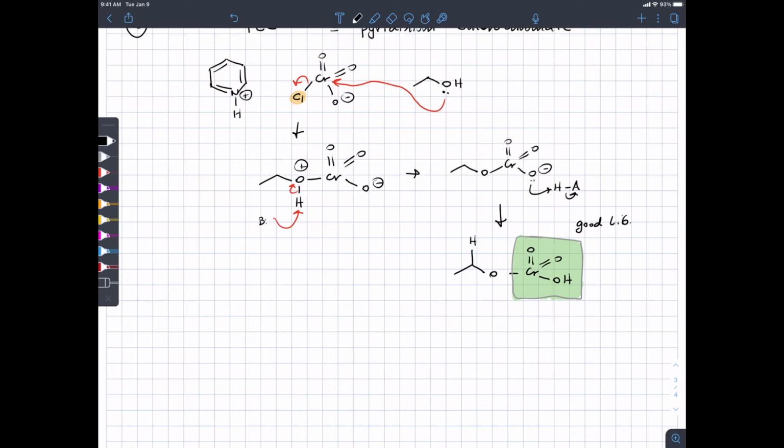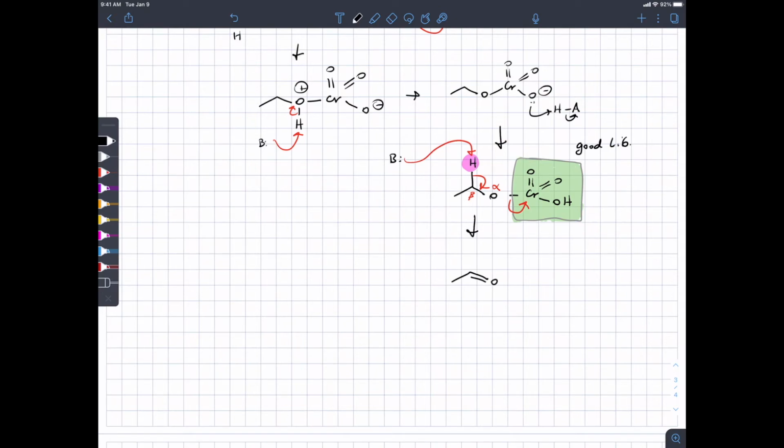And notice that if we say the oxygen bonded to the leaving group is the alpha position, then the carbon bonded to the oxygen is a beta position. And now you've got a beta proton and a really good leaving group. So you can do elimination style chemistry, leaving group leaves, and that gives you this aldehyde as product, and then you've got the chromium leaving group, which we're not going to worry about anymore.